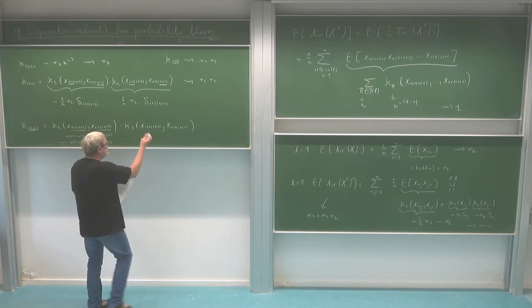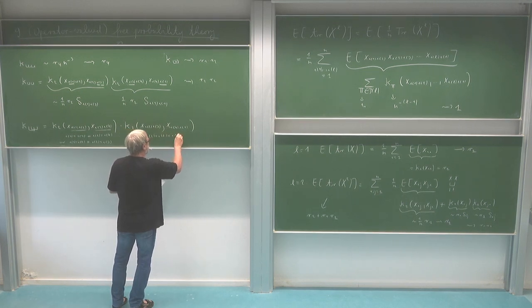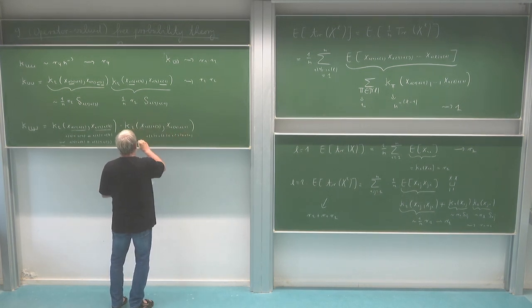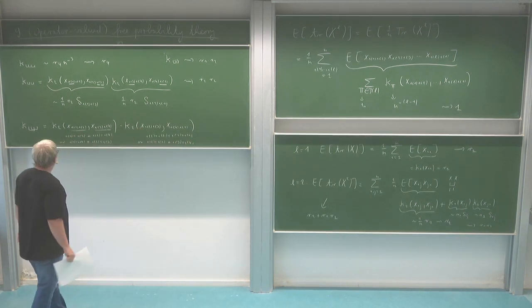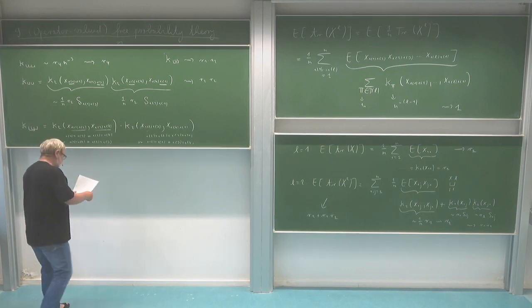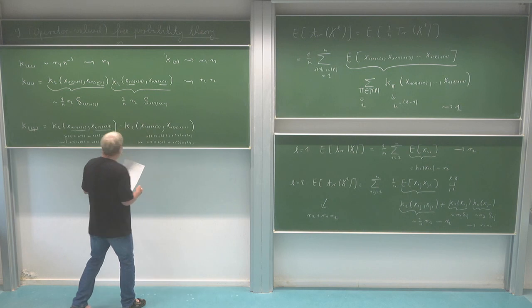And here, similarly, we would have that i2 is equal to i4 and i3 is equal to i1, or the other way around, that i2 is equal to i1 and i3 is equal to i4.